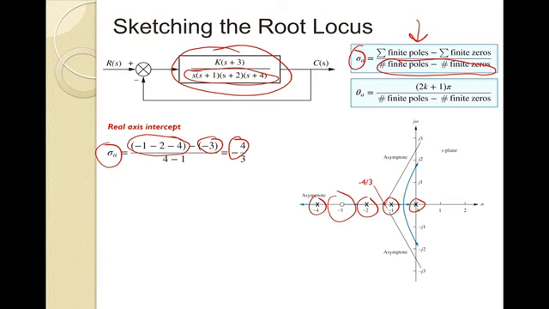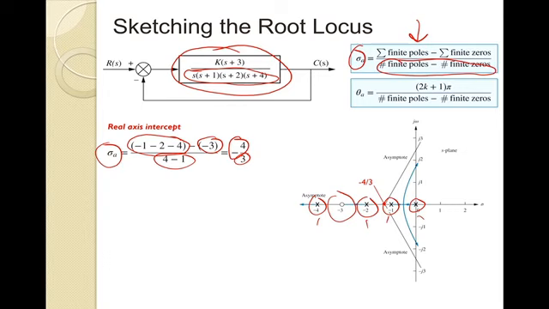We have 1, 2, 3, 4 total poles, and we have 1 zero. So 4 minus 1 is 3, and that's what you'll see in our real axis intercept. Those asymptotes will merge and hit -4/3.